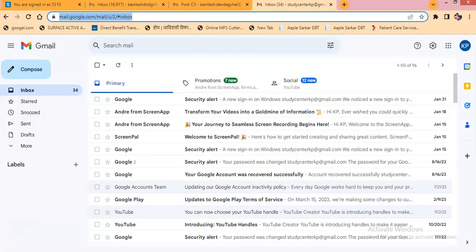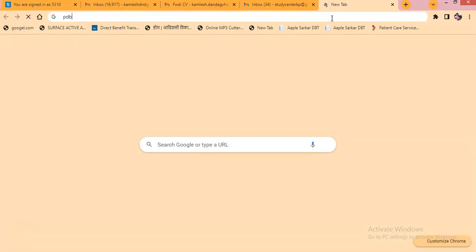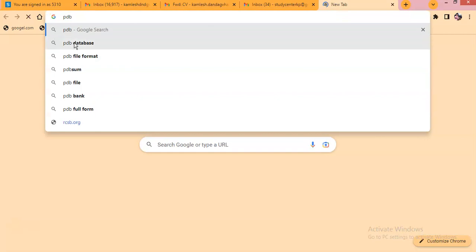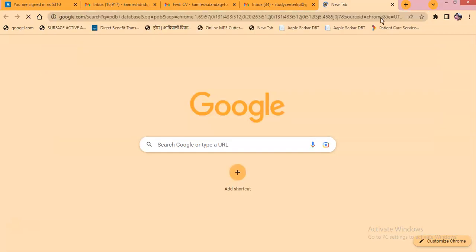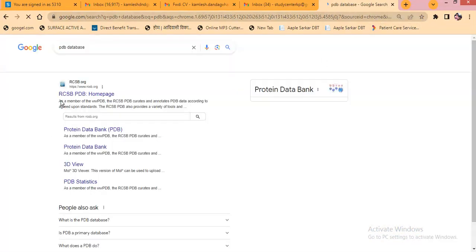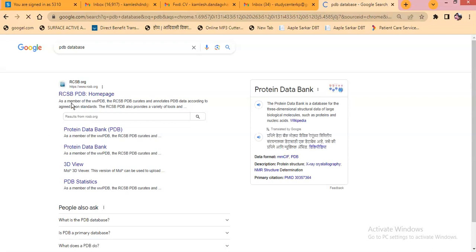So let us download the protein from the PDB, the Protein Data Bank. We are going to type PDB in Google. So, PDB database. Okay, here it is showing the RCSB PDB homepage.